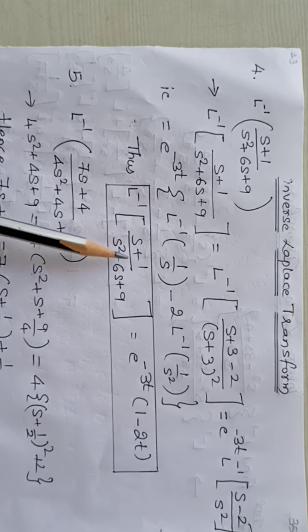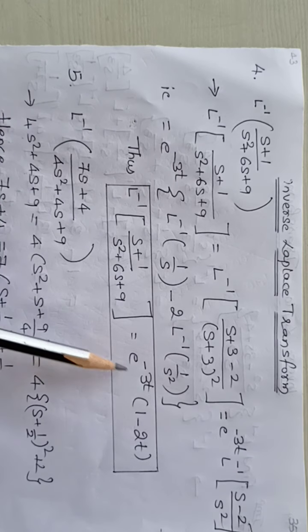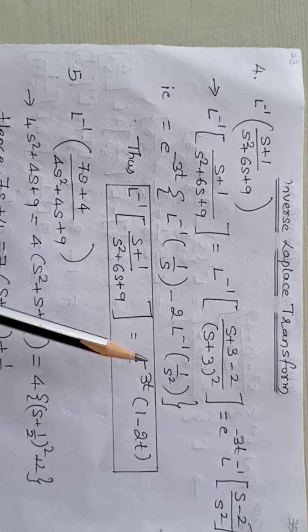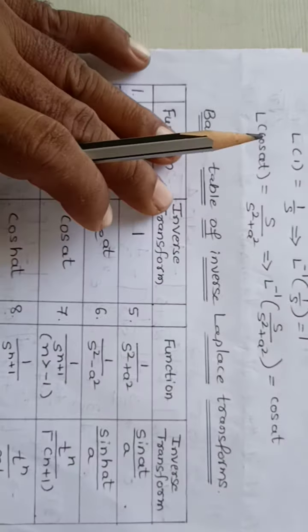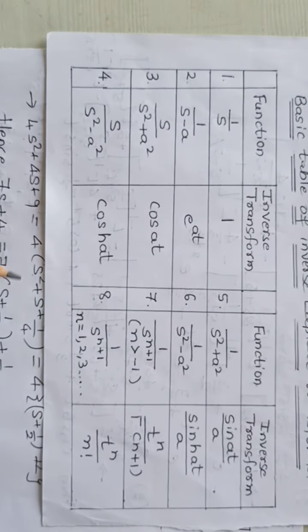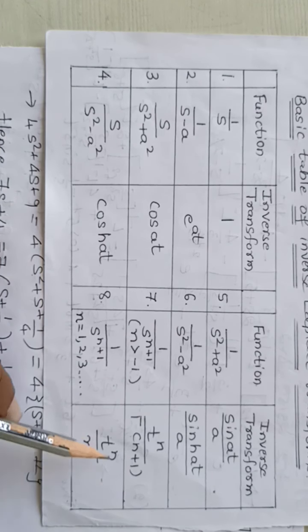Thus Laplace inverse of s plus 1 over s square plus 6s plus 9 is equal to e raised to minus 3t times Laplace inverse of 1 by s minus 2 times Laplace inverse of 1 by s square. Definitely we have seen in video number 29, what is that? 1 upon s raised to n plus 1 is nothing but t raised to n divided by n factorial.